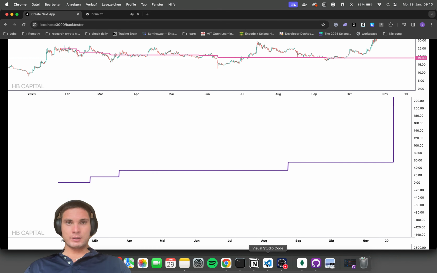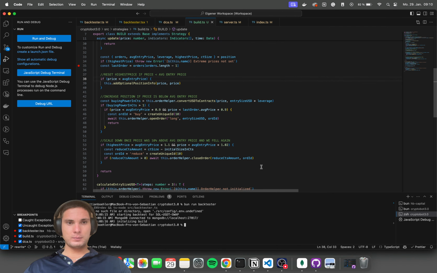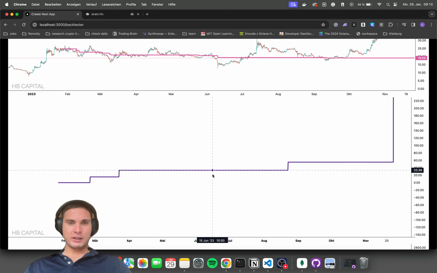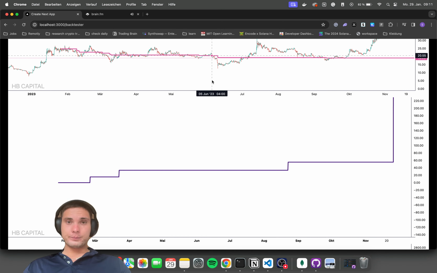So do I already want to integrate take profits? I guess I want to integrate take profits, but okay, let's confirm the scaling down again. Let's look at the chart.